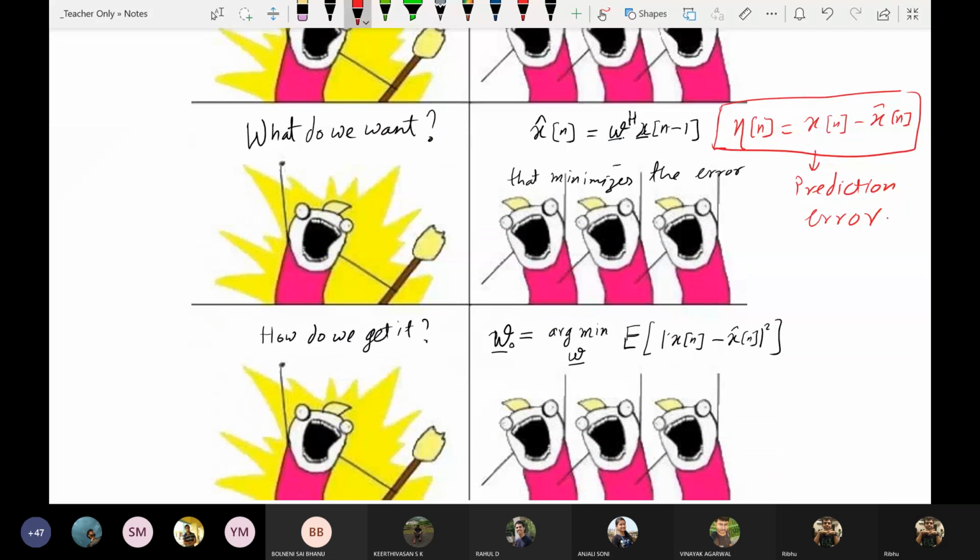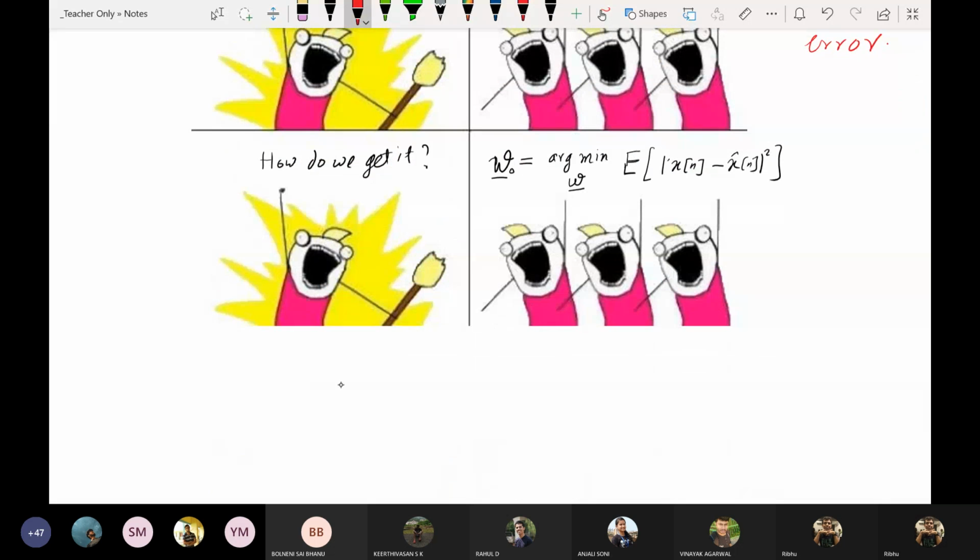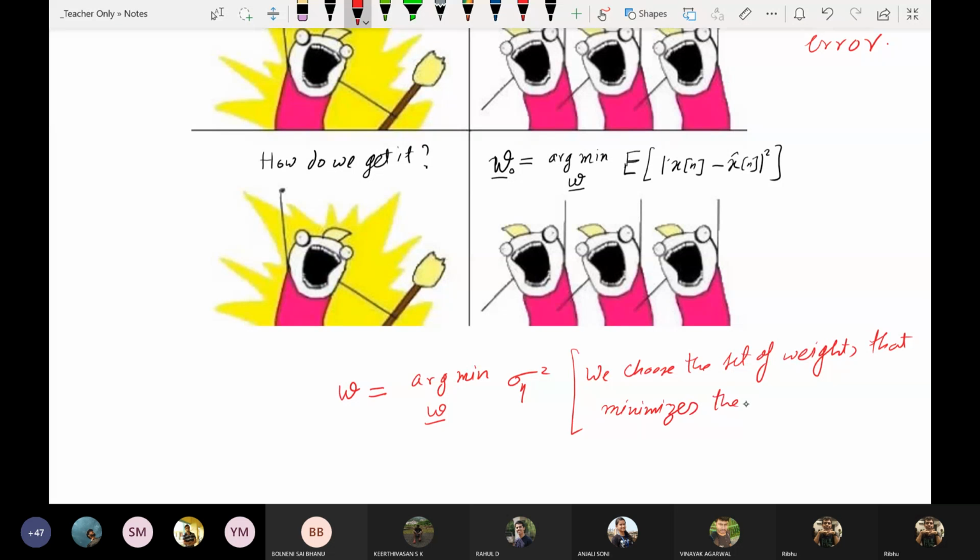How do we get this? We get this ugly expression: W equals argmin, so we choose the set of weights that minimizes the error variance, or minimizes the variance of eta.